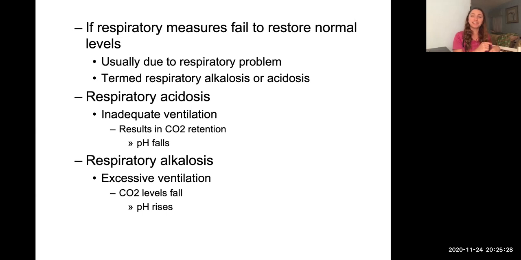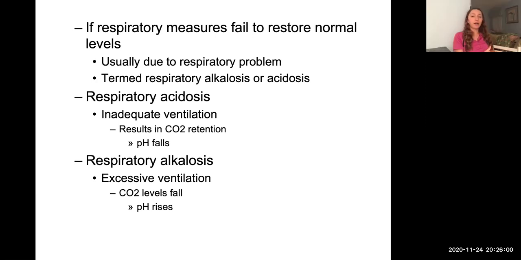It's important. So if respiratory measures fail to restore normal levels, then this will probably happen. During respiratory acidosis, what's going to happen to your pH? Will it go up or down? Down. It will go down. Okay, so your body's going to try to compensate for that by doing what? Hyperventilating. Yes.